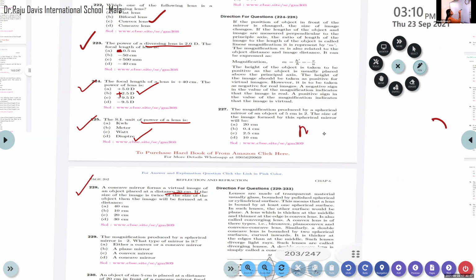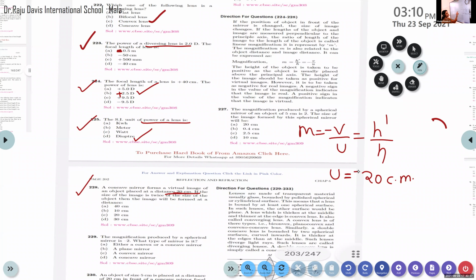Magnification M is equal to minus V by U, that is equal to H dash by H. Here the object distance U is given as 20 centimeter. The object is always kept on the left side of the mirror, so it should take a negative sign. So U is equal to negative 20 centimeter.